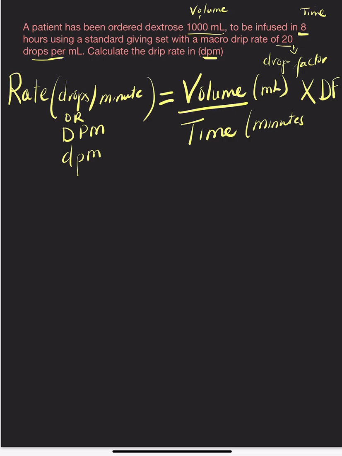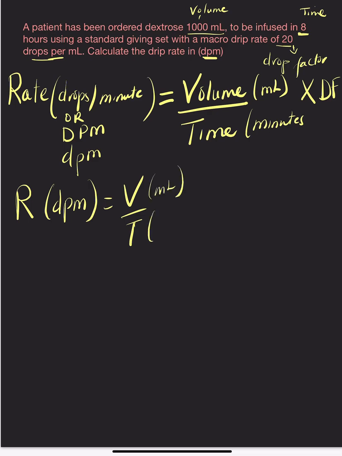So in other words, the rate, which is in DPM, is equal to volume over time, where T is time, and then times the DF, your drop factor. The volume is in milliliters and the time needs to be in minutes.